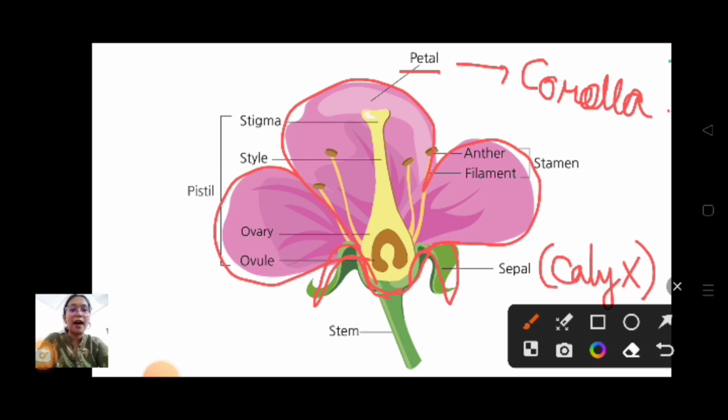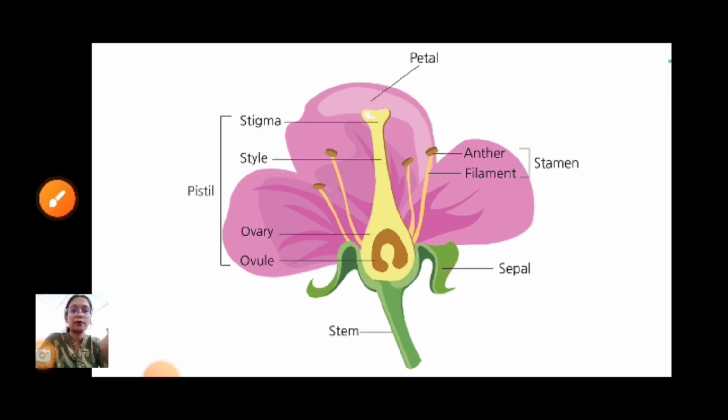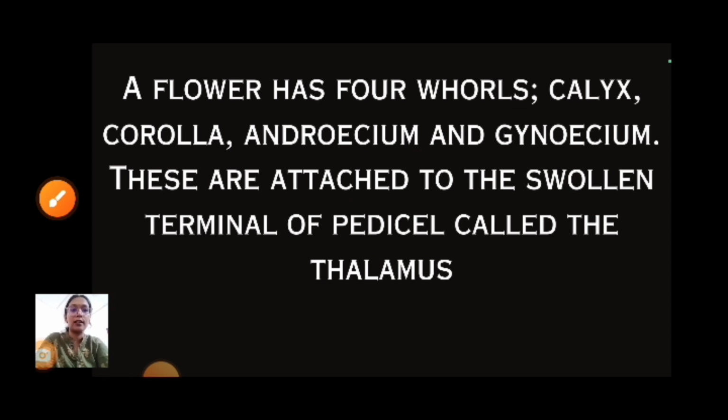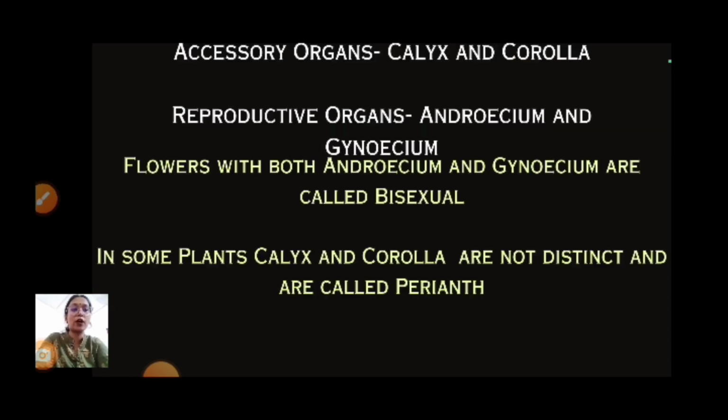Then we have the female part gynoecium and the male part androecium, which are attached to a particular swollen base called thalamus. Is it clear now? These are the 4 whorls of a flower. Clear on the slide? Moving on to the next slide.